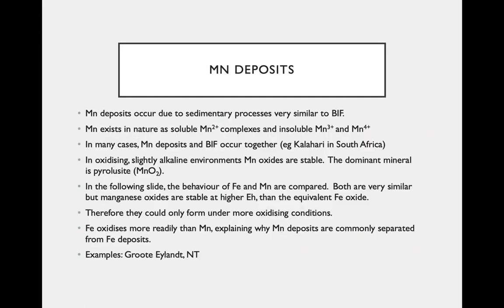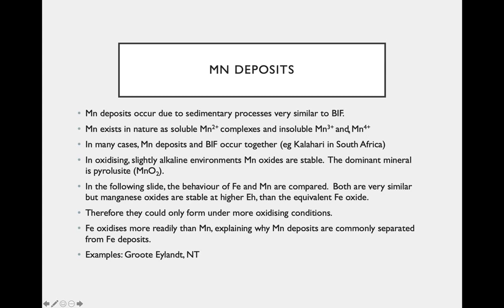So a very similar deposit is manganese deposits. They can form in similar settings. Generally, they don't occur together, but sometimes they do, like in South Africa. But most manganese exists as manganese 2+ and is insoluble as manganese 3+ and manganese 4+.